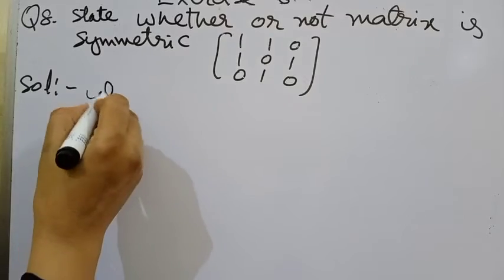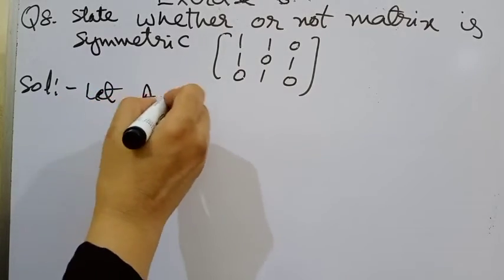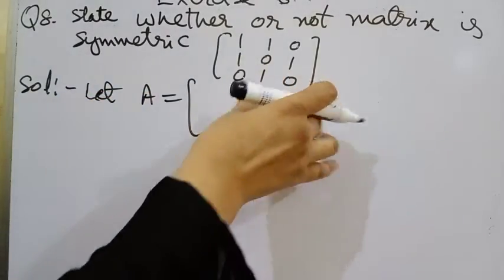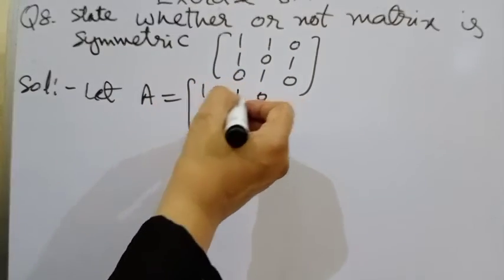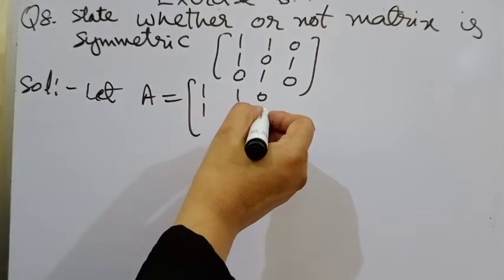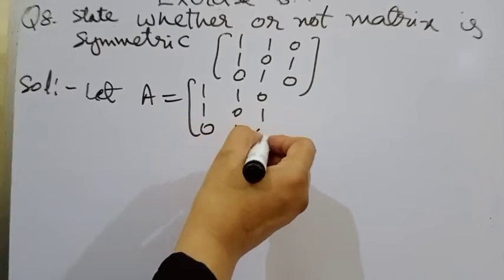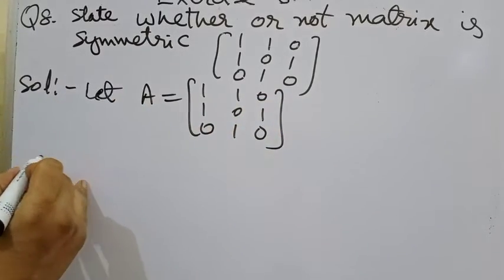Let us call this matrix A: 1, 1, 0, 1, 0, 1, 0, 1, 0. Let us take its transpose.